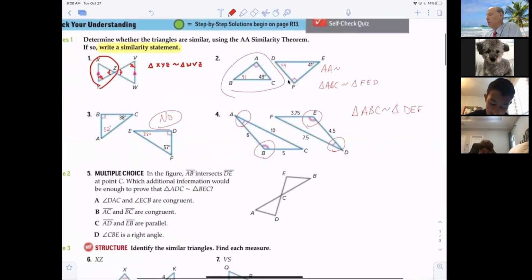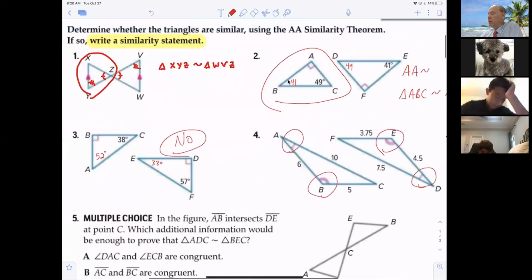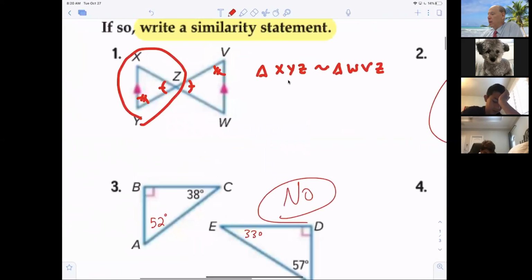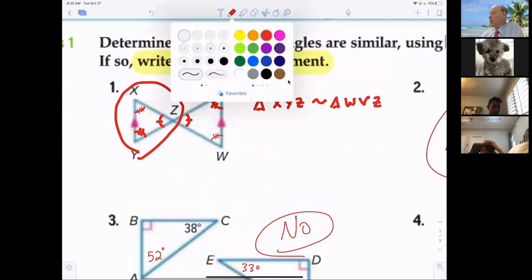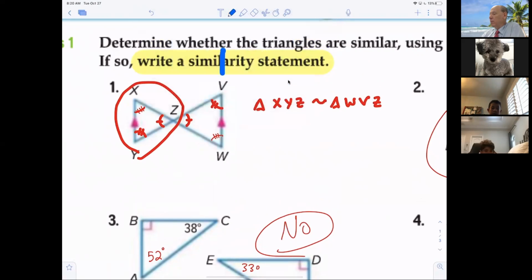How do you know that X corresponds to W? Good question. X is the alternate interior angle of W, right? And again, I always tell kids, sometimes it's harder to see. So I always tell them, don't be afraid.